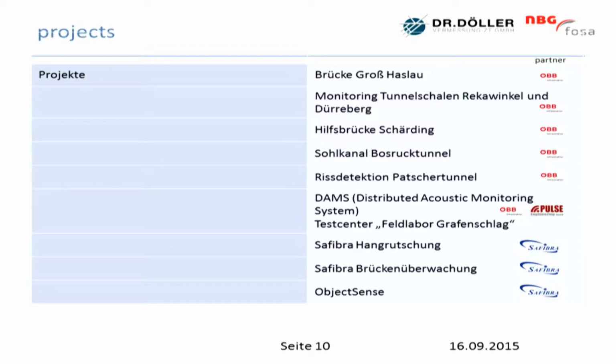We monitored the huge Bosruck tunnel through the Alps. We did a famous crack detection in the Pacha tunnel, which is beneath the Europe bridge on the Brenner. We did some acoustic monitoring in Gesäuse, and we also erected a test center in our area, and we did some projects in Czechia. And finally, we want to introduce you to the Object Sense system.